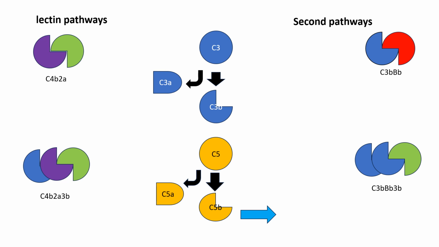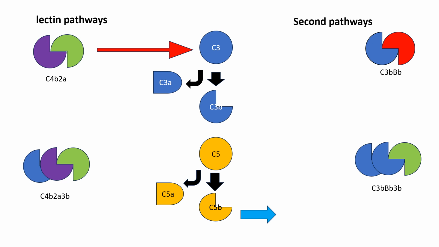Both in the lectin pathway and in the second pathway, complement is activated in an order similar to the classic pathway. In the lectin pathway, after C4b2a is activated, C3 is differentiated to C3a and C3b.